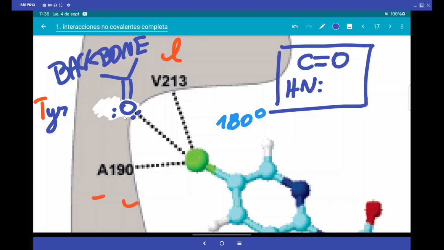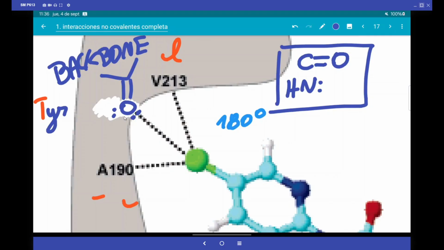Now, what implications does that have, for example, when one is designing a drug? I am going to give you a concrete example, an anti-neoplastic drug. One of the problems of anti-neoplastic drugs is that there is resistance, because the cells mutate the proteins.